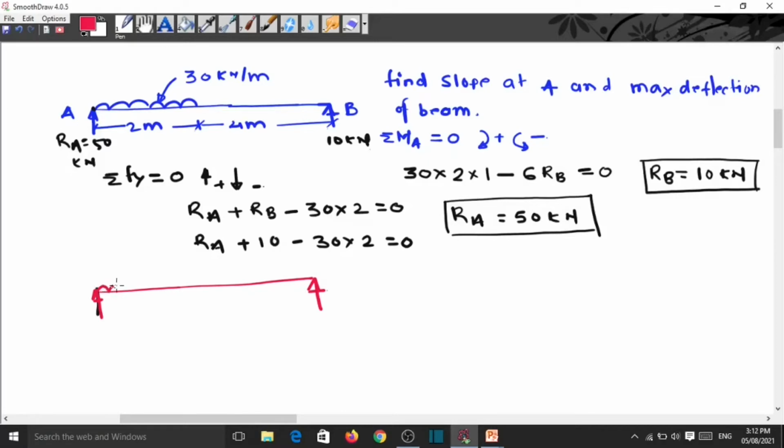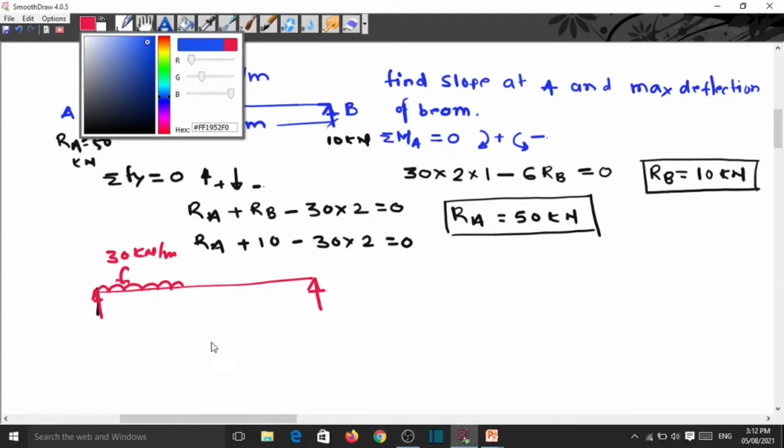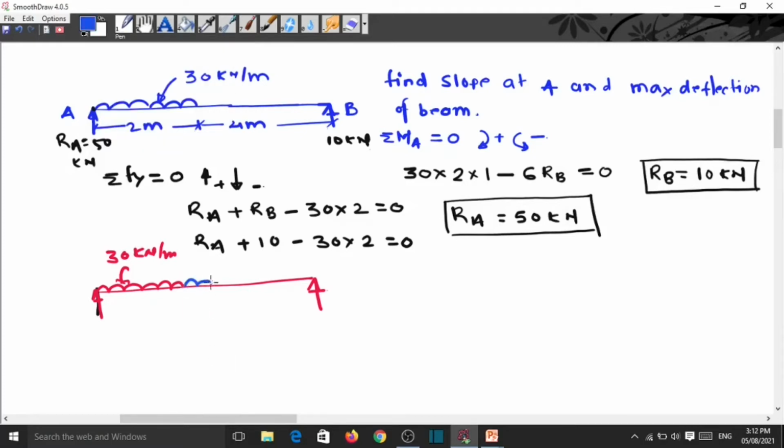Now here the previous load is up to 2 meters, this is 30 kN per meter. So again we have to apply the UDL throughout the length. The remaining length also we have to load, and the intensity is the same, 30. But here we have to apply the reverse load to nullify the previous load.